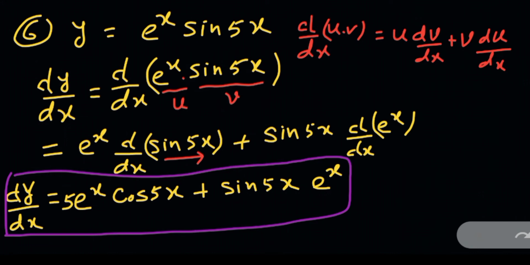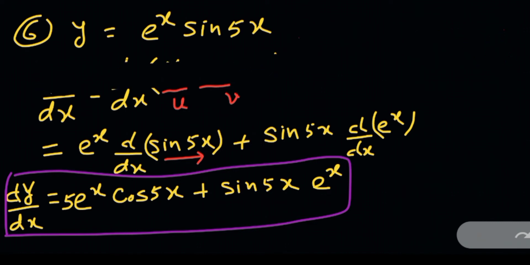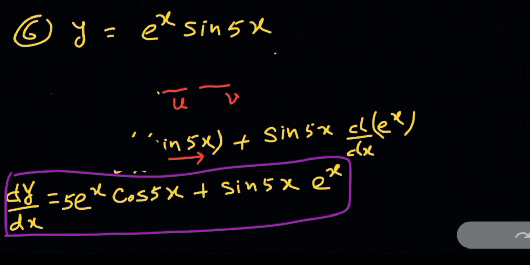Now we have to find the double derivative. So I am erasing a few things. This formula you have to remember, I will use it again. Now dy upon dx is known.